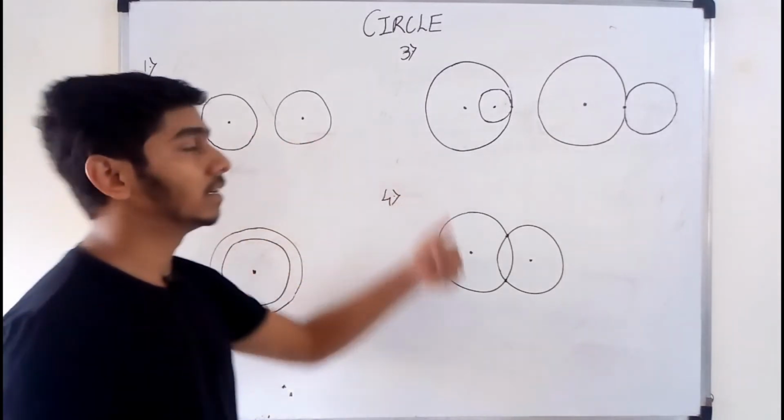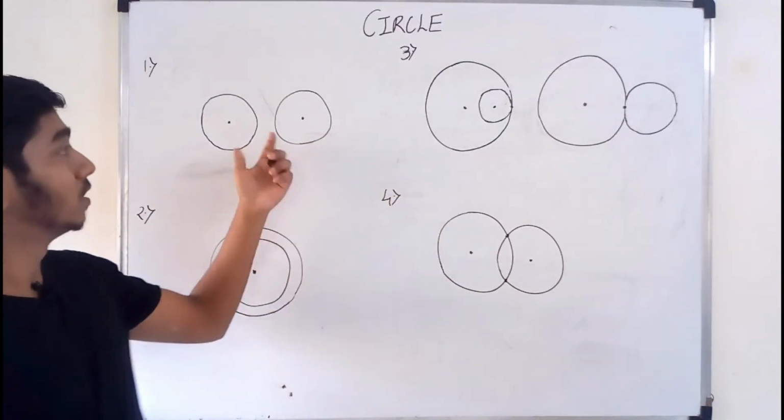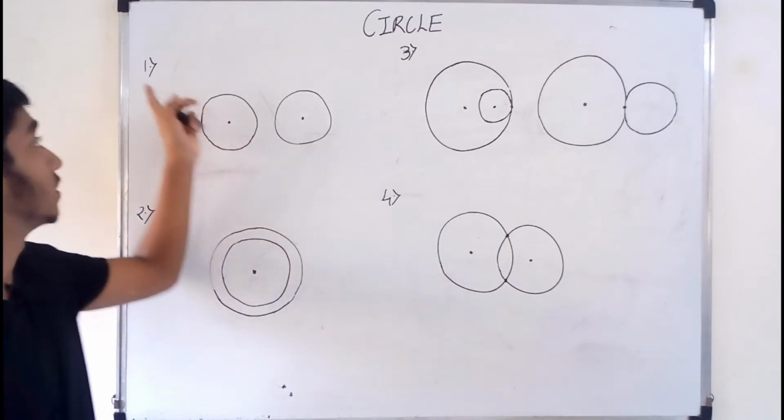So here there are two circles. Let's see the first question.